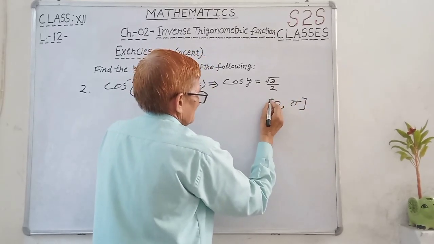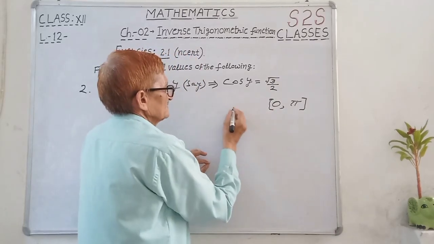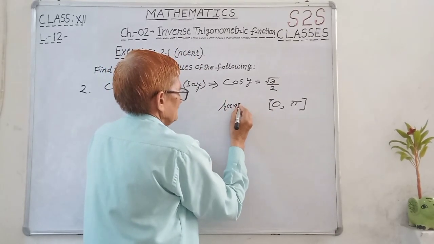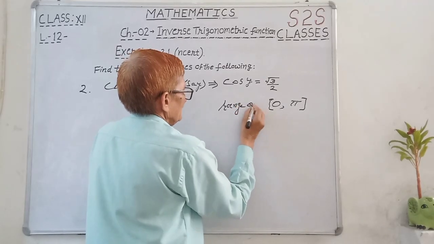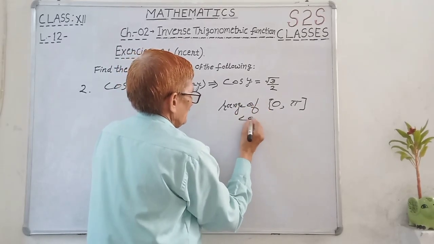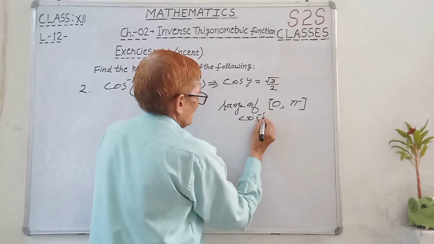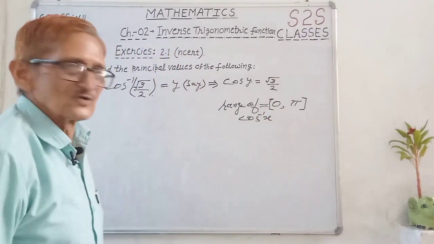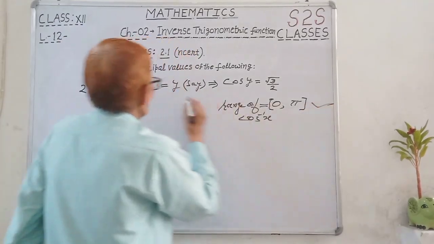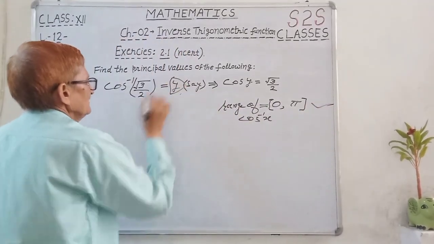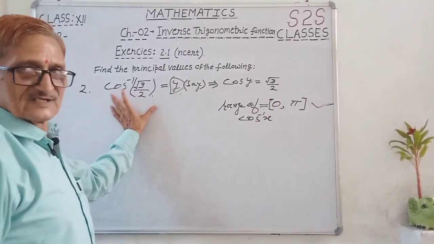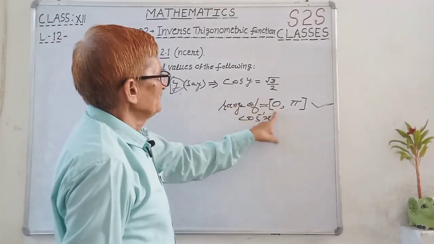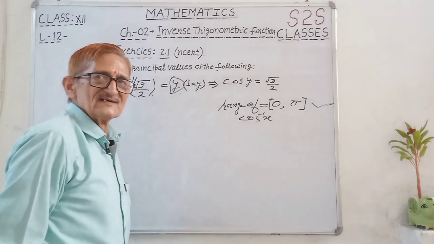The range branch of cos inverse x is the closed interval 0 to pi. So y must be between 0 to pi.